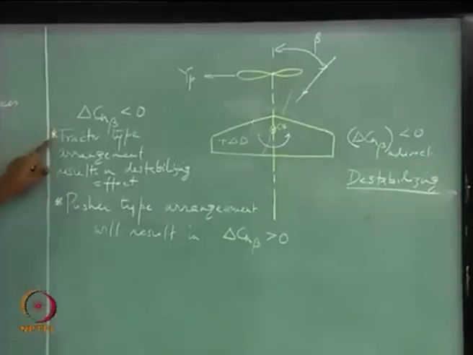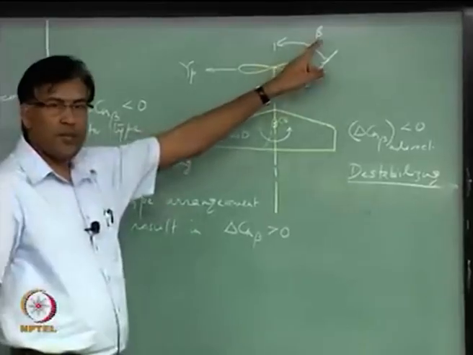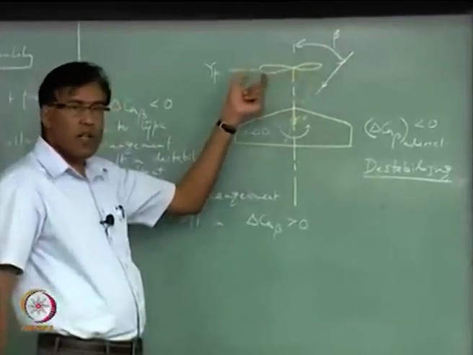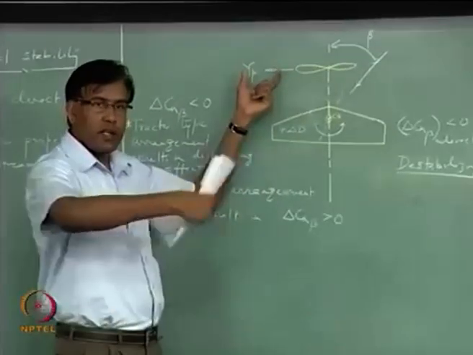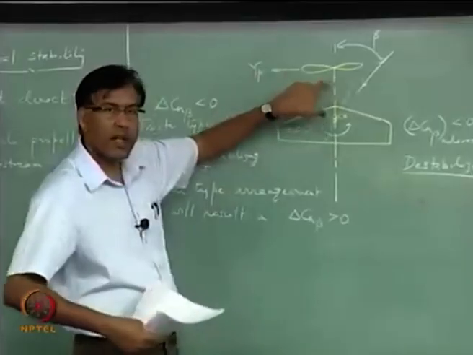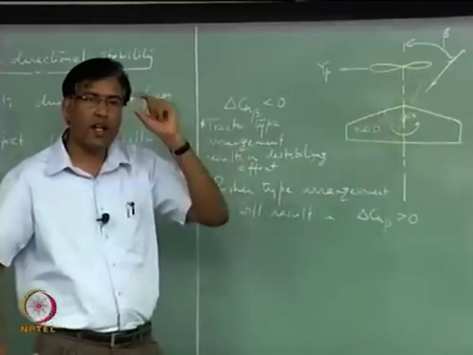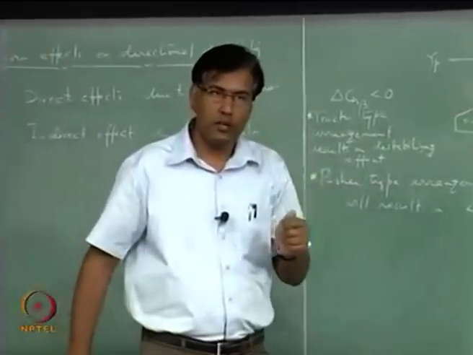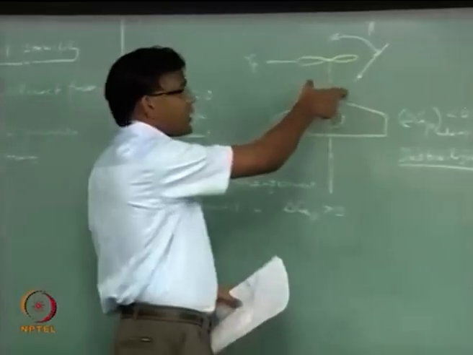When we have a tractor type arrangement, because of this side slip beta, there will be an unbalanced force, right, in the xy plane, which will create a moment about the CG, yawing moment, right, and that yawing moment is what? Negative, right, because it's rotating like this.